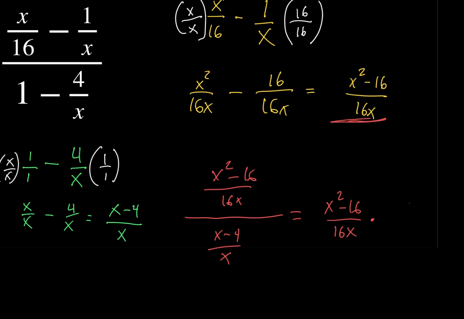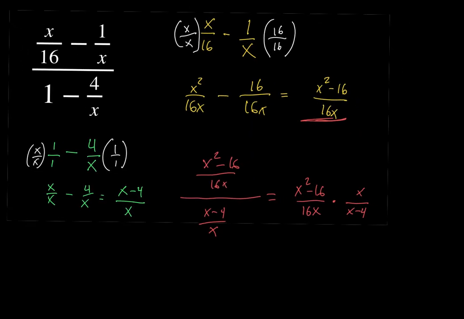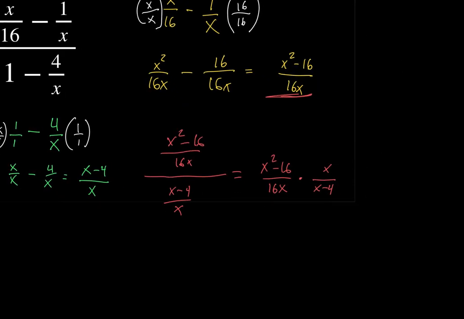Reciprocal is a fancy word for flipping it over. So then this will equal x times x squared minus 16 divided by 16x times x minus 4.